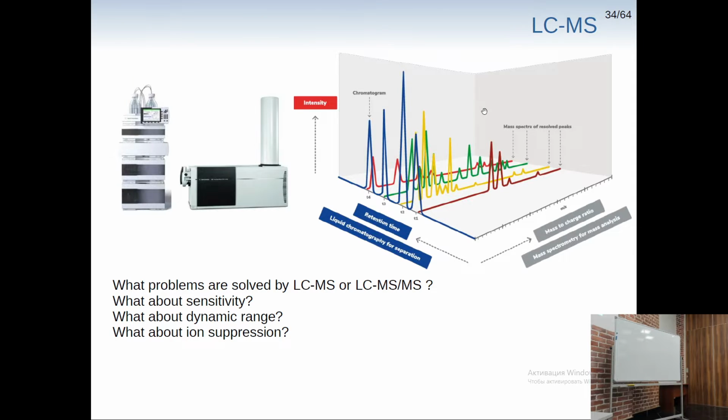So, now, we have some problems. We have a lot of peptides. We separate them by means of liquid chromatography. That's nice, but we have some difficulties analyzing them. First of all, we can have a lot of peptides at the same time.